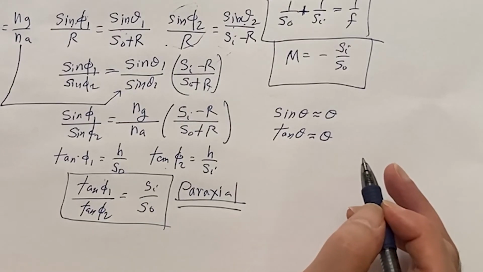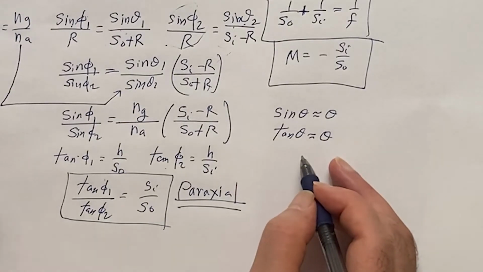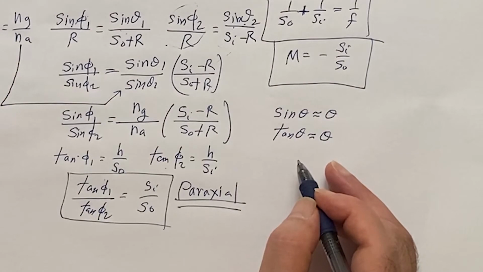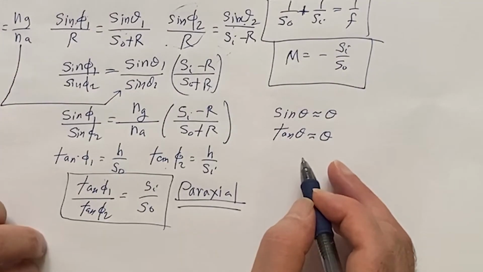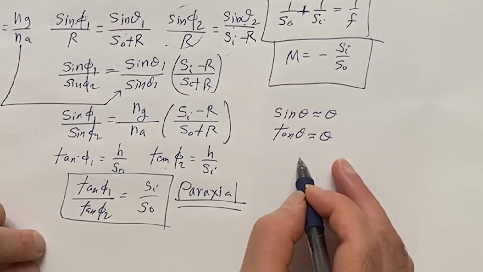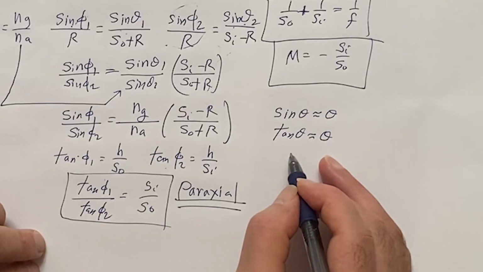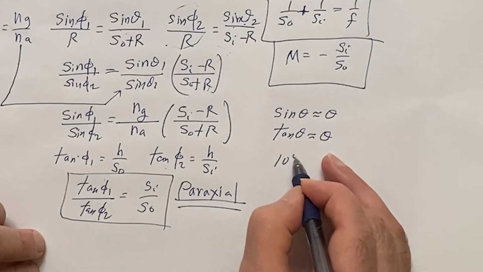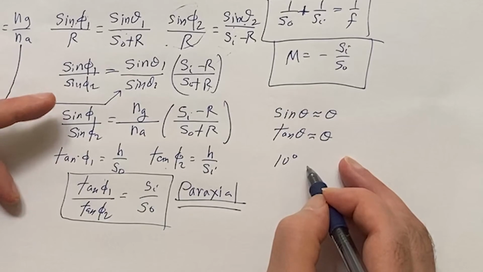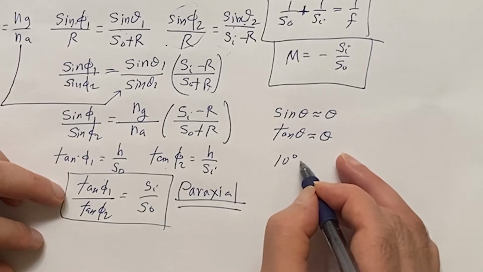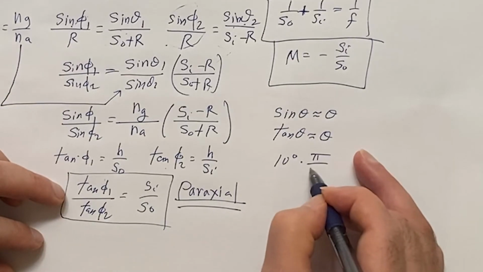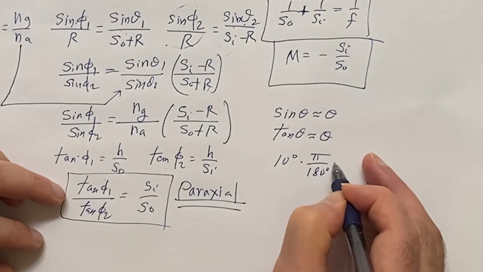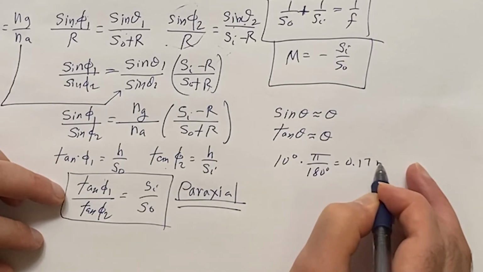It's kind of neat to not trust this and just see what's going on. So on your calculator, have some fun with this. For example, take 10 degrees, which is not really a super small angle. 10 degrees times pi over 180 is going to be 0.17 radians.